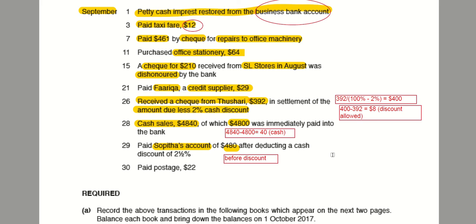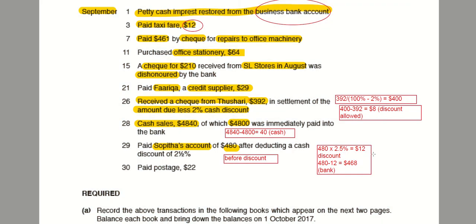So let's do the working here. We'll take 480, multiply it with 2.5%. So this is your discount, and then we subtract this from 480, and you will know the amount of the check. So this is going to go in the bank column. Okay, so let's fill them up now.